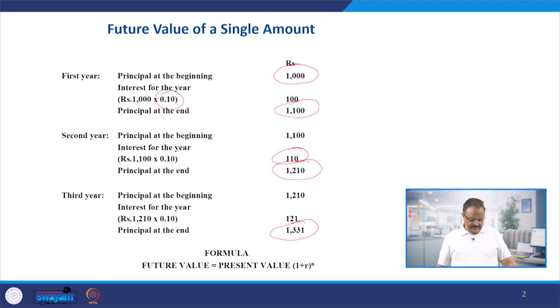In the third year, the principal being 1210 in the beginning and interest being 121, which is 10% of 1210, the closing balance in my fixed deposit will be 1331.